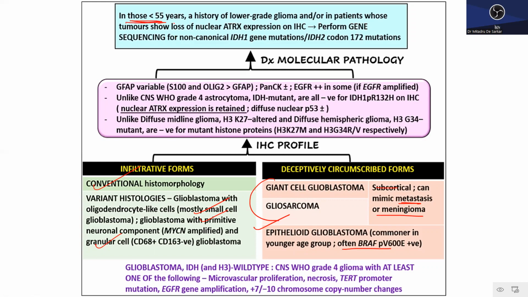However, in those patients who are less than 55 years of age, who have a longer duration of history, that shows that probably this particular tumor has evolved from a lower grade glioma. And in those patients in which the nuclear ATRX expression is lost, definitely there is a suspicion that there might be an IDH mutation, and in that case you will have to perform gene sequencing for non-canonical mutations in the IDH1 gene as well as the IDH2 codon 172 locus.